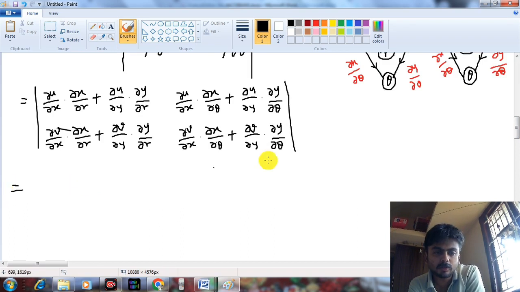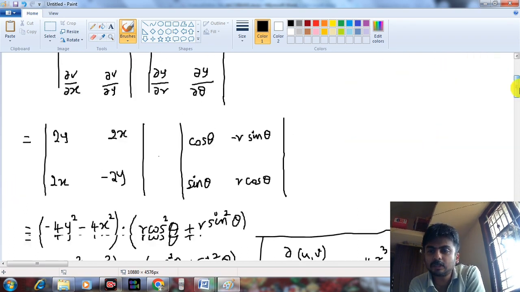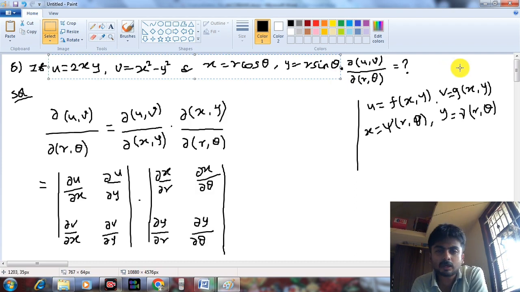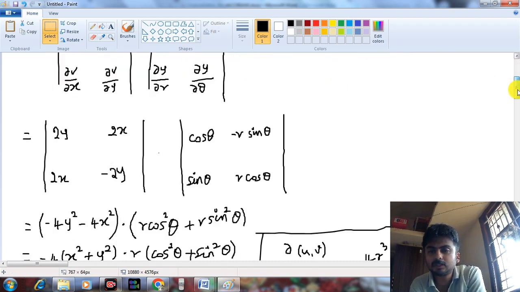So for my easy reference, I shall copy and paste the value of x and y below, because each time I have to come up, it is very tough.